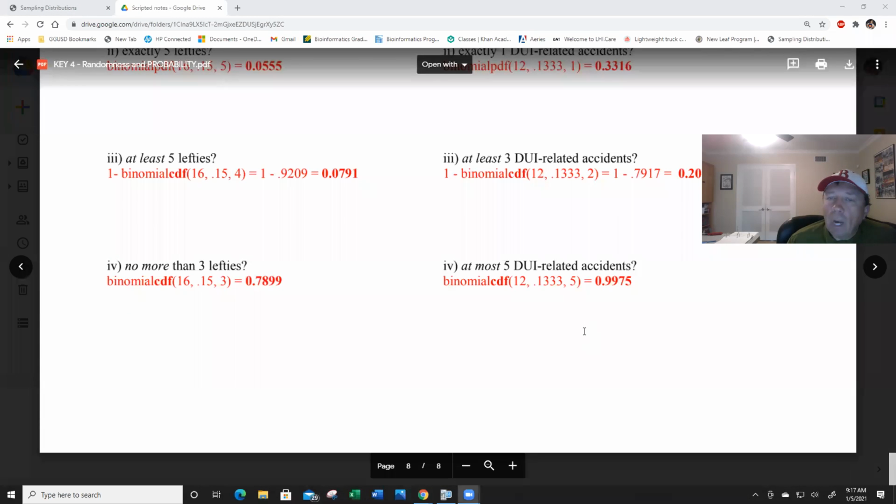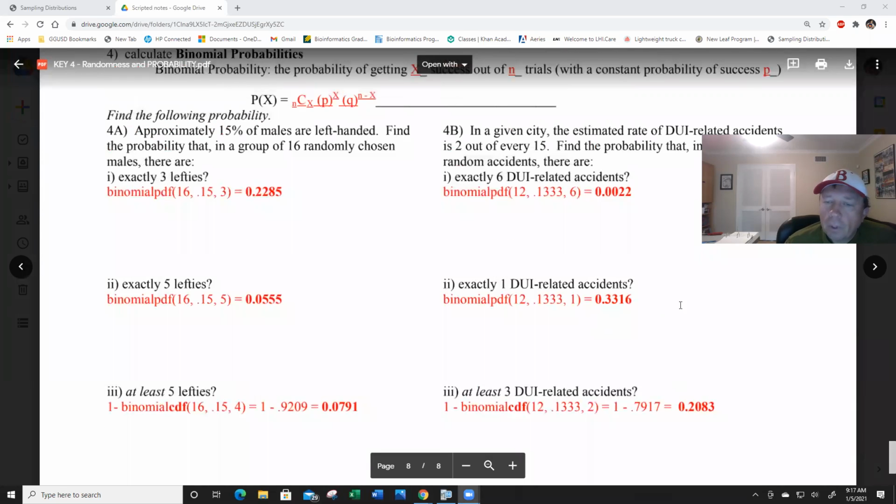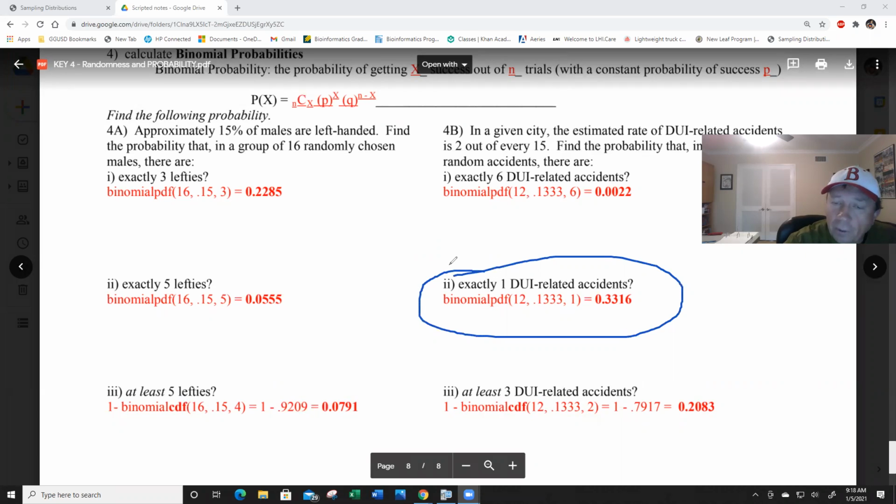All right, back to my DUI problem that I started on. Exactly 1 DUI related accident. Exactly 1 is a PDF one. So again, this is 2/15 right here.